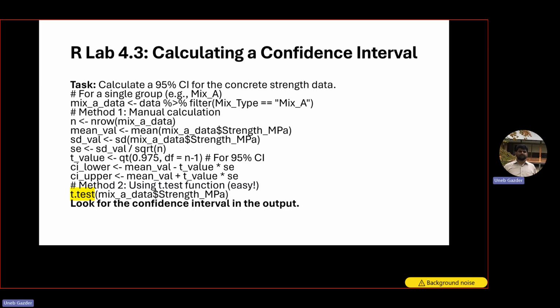If you want to save the value, you can save it in CI. Otherwise, this will only show you.